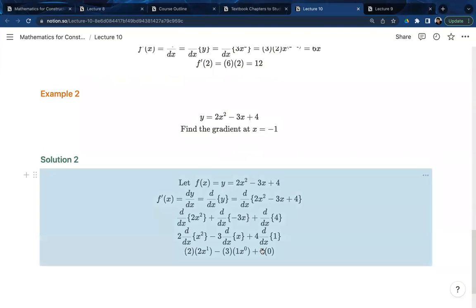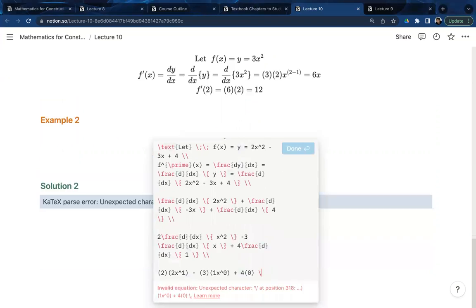It makes sense too because you're asking what is the gradient function of a constant. A constant is a straight horizontal line that has no gradient, right? The graph of y equals 4 is a horizontal line passing through 4. No matter what x value it is, y is always 4. That has no gradient. So geometrically, that gradient is 0, which makes sense. But when you apply the rule, you also get 0, okay?